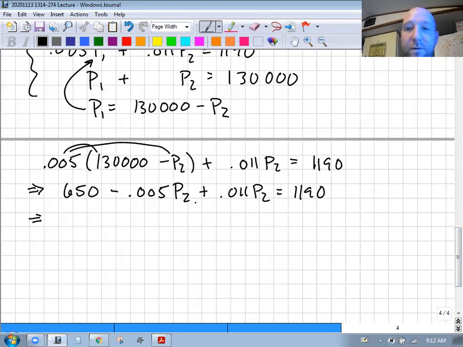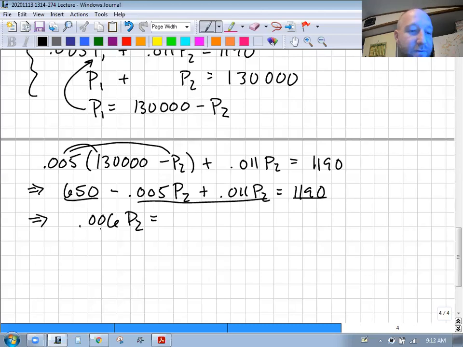Okay, so combining P2s here, we got 0.011 minus 0.005 gives us 0.006 P2. 1190 minus 650 is 540.